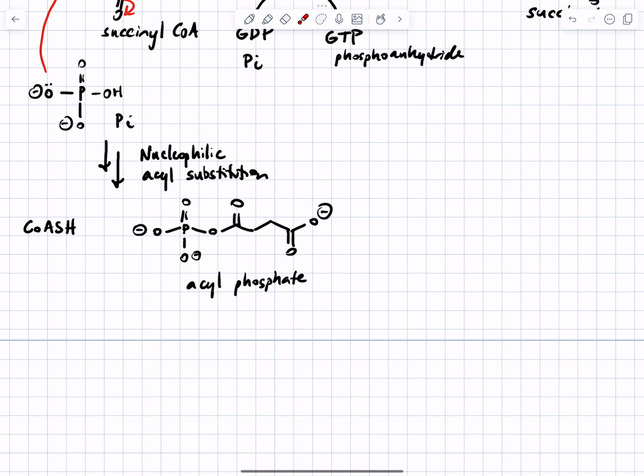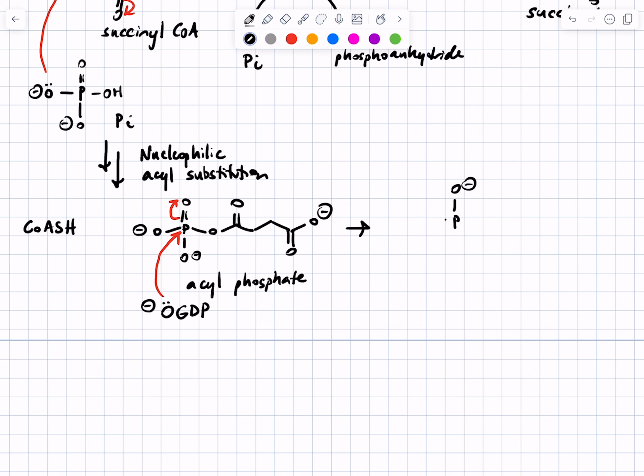But instead, if the oxygen on the beta phosphoryl group of GDP attacks the phosphorus, then you end up with this pentavalent intermediate where phosphorus is attached to 5 different things.